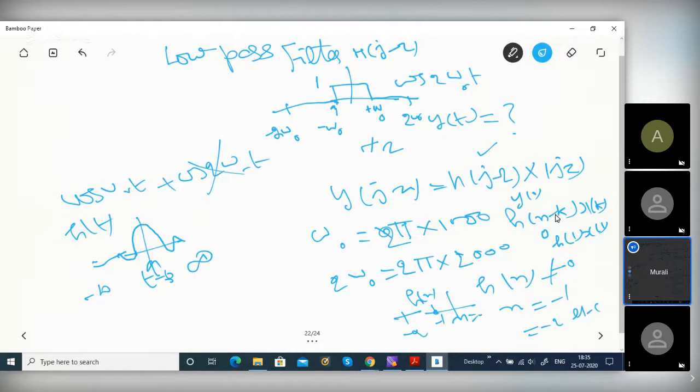What about k negative? h of 1, x of -1, right? So at n equal to 0, k equal to -1, h of 1 into x of -1 actually, right? So y of 0 depends on x of -1.